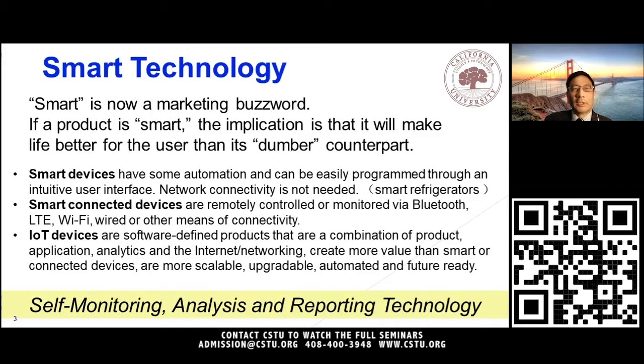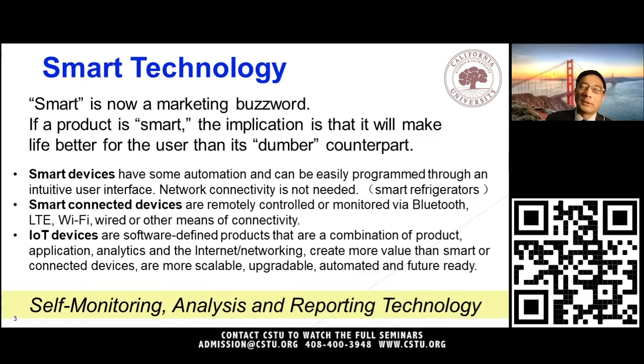Another one is the smart connected device. We try to make devices connect to each other, and then they can share information and communicate. Normally we can use remote control or monitoring using Wi-Fi, LTE, Bluetooth. The further concept is IoT, Internet of Things device. That's really a software-defined product.